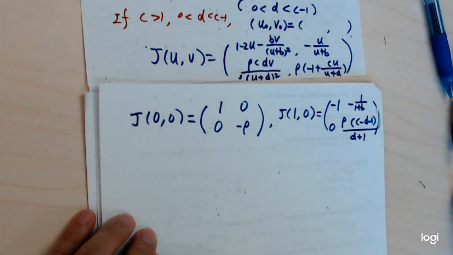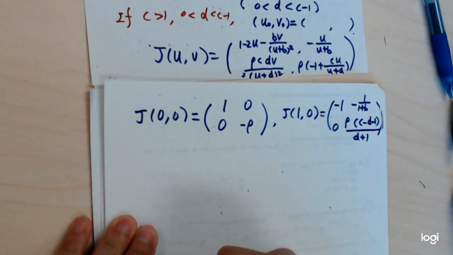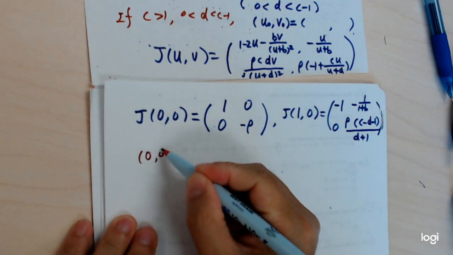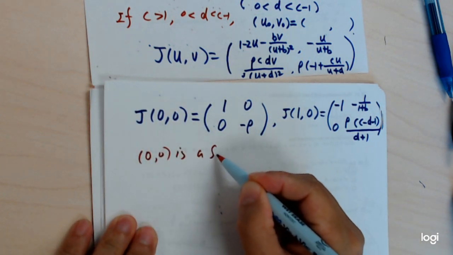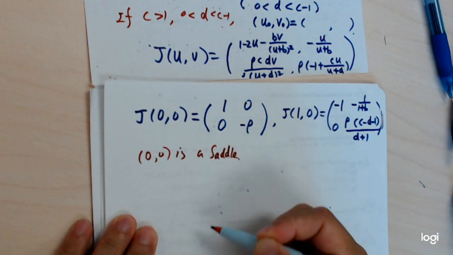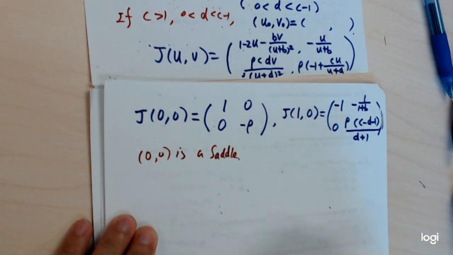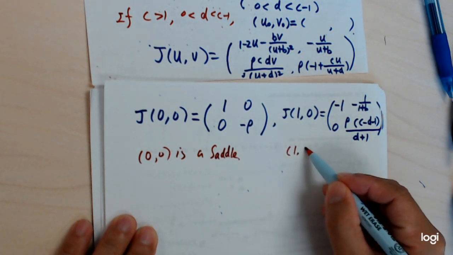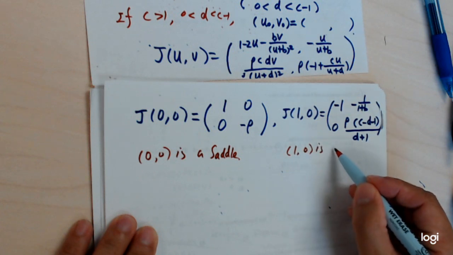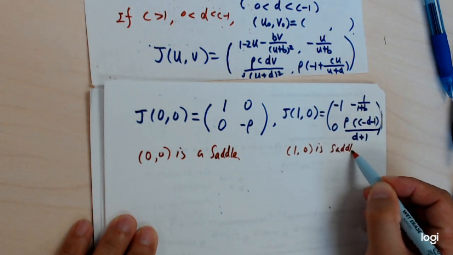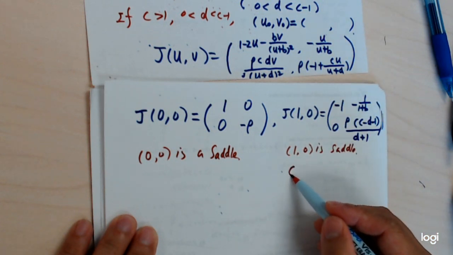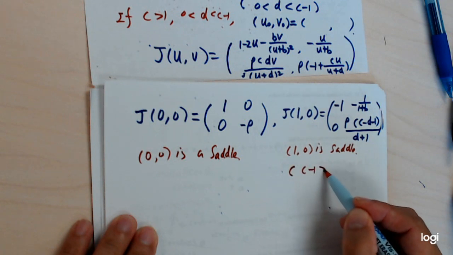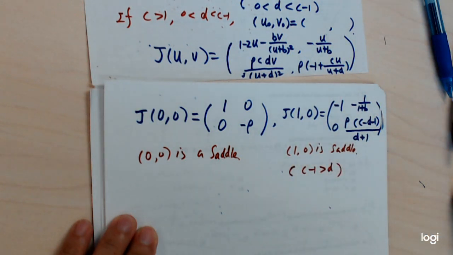And then it becomes clear that 0, 0 is a saddle. 1, 0 is also a saddle. And part of the reason is because c minus 1 is greater than d. That's something you guys can verify.